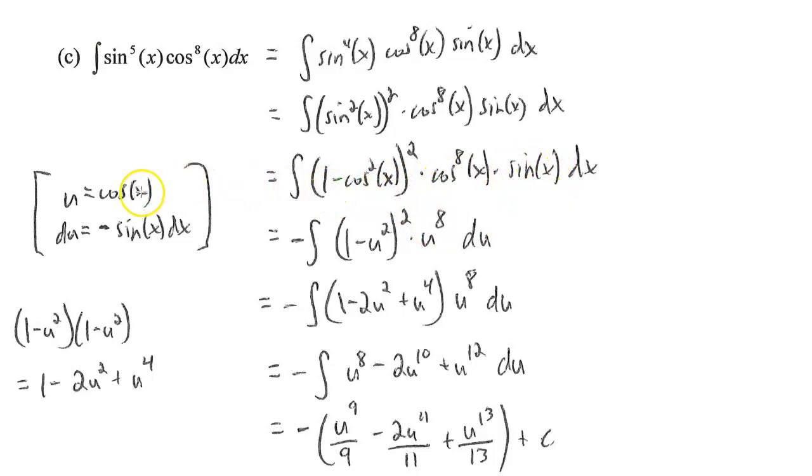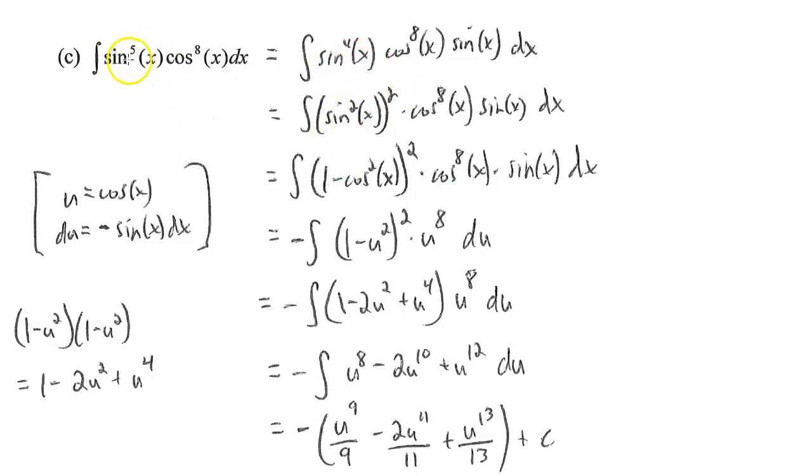So we're going to do a u substitution where u is cosine, and du will be minus sine x dx. Now notice the reason this worked out well was because I could write sine to the 4th as sine squared squared. If this had been sine to the 6th, I could write it as sine squared cubed. If it had been sine to the 10th power, I could write it as sine squared to the 5th.